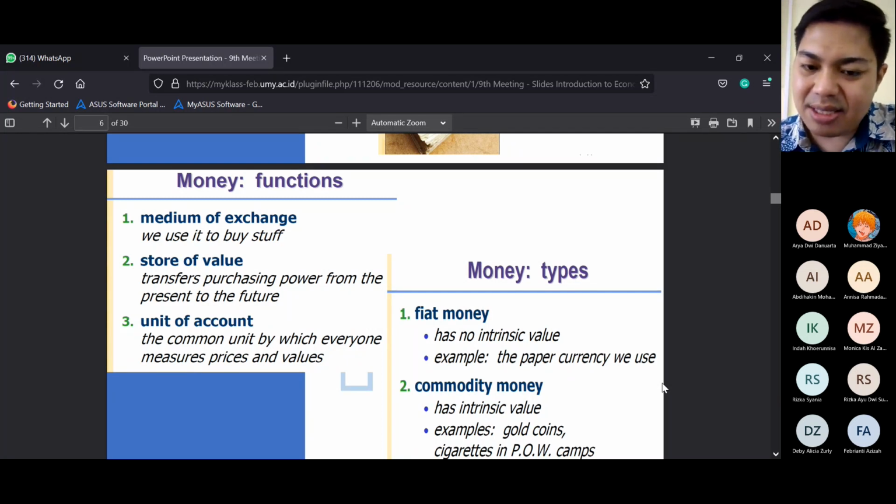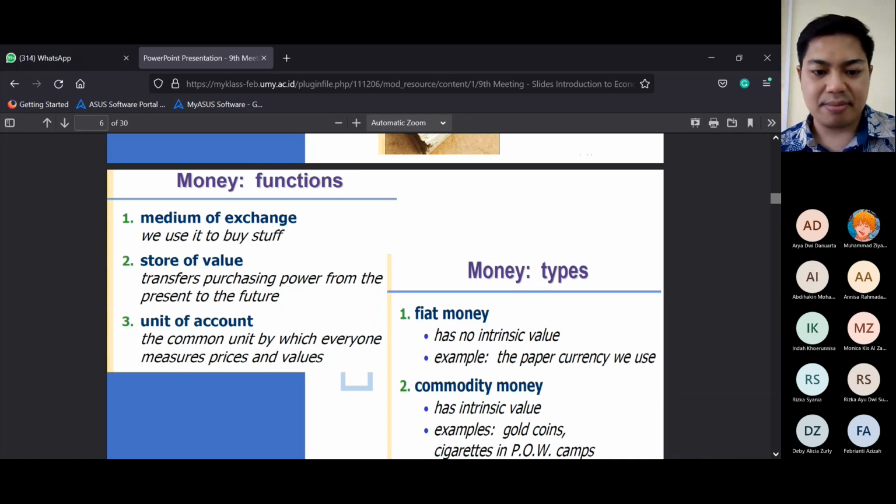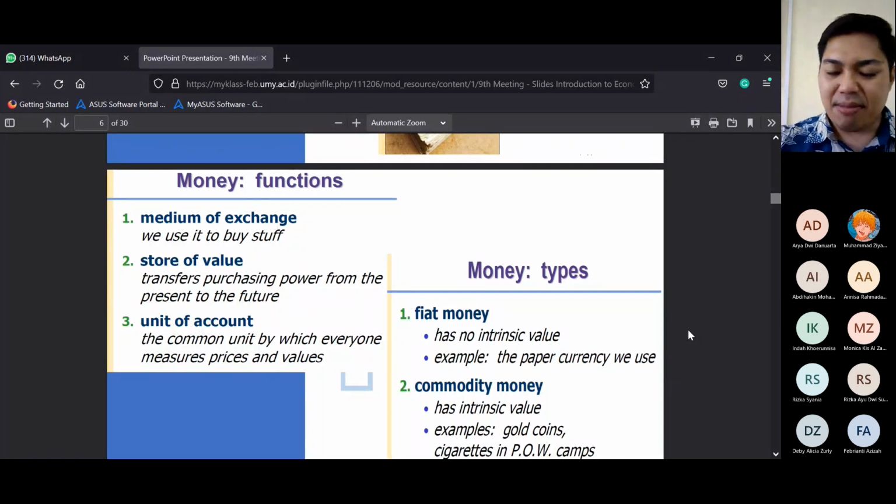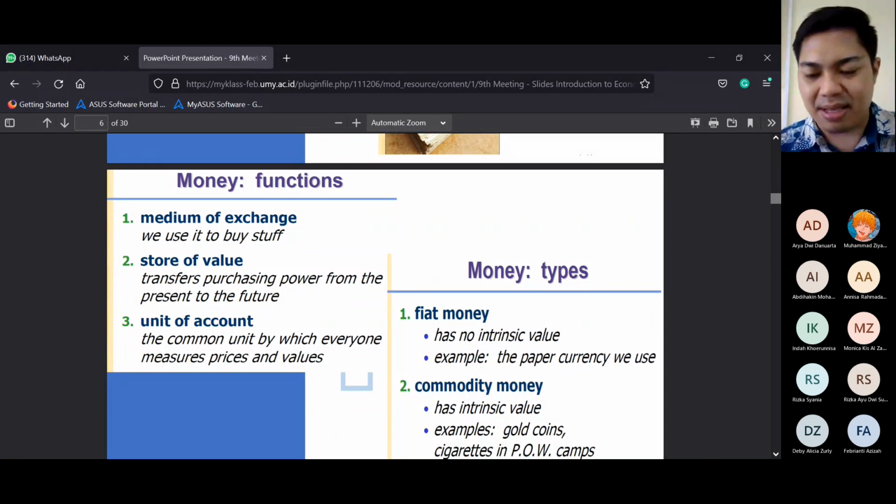Can anybody guess the third kind of money that we have right now? Zian and friends, can you guess? Fiat money, commodity money, and the last one? Digital money. Yeah, digital money. Right now, digital money is being used and largely accepted around the world.